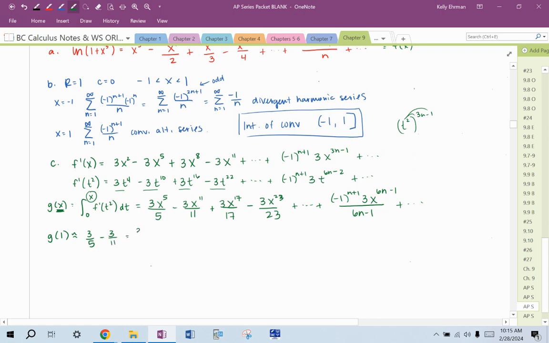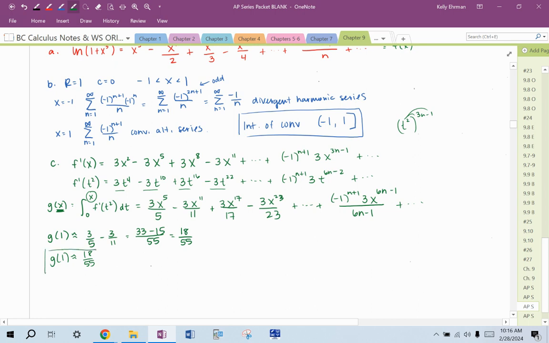We should do the math here. 33 minus 15 is 18 over 55, which reduces to, oh, no, it doesn't reduce. So I would just keep it as 18 over 55. So that's our approximation. g of 1 is about equal to 18 over 55.